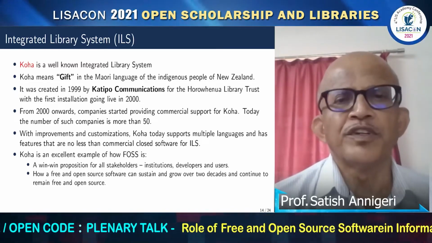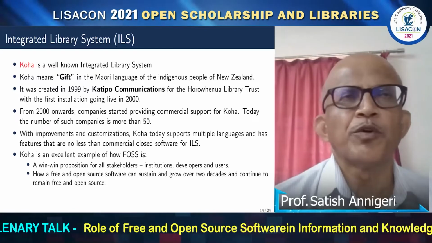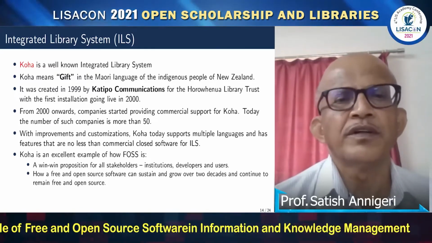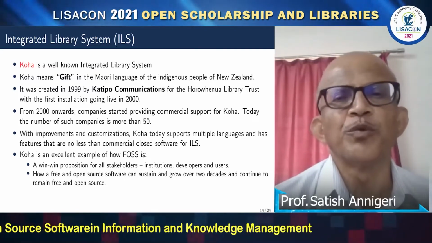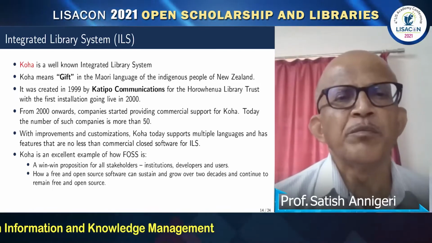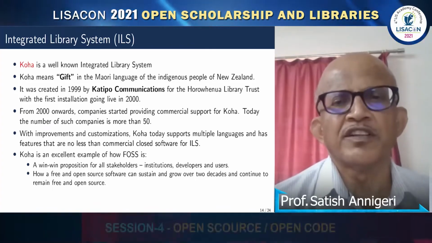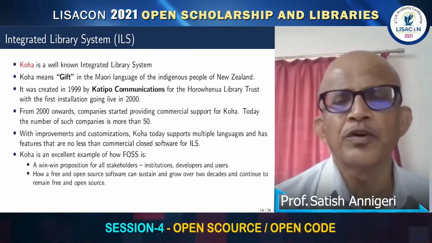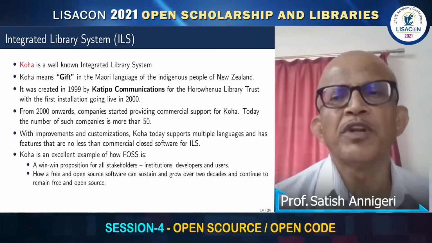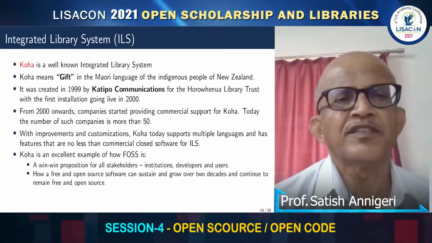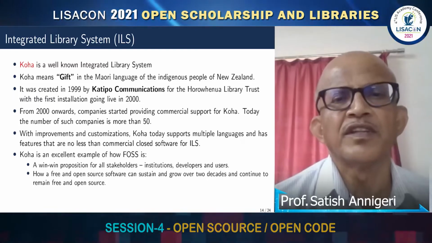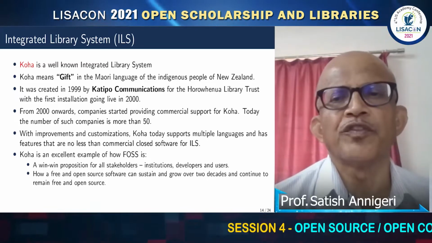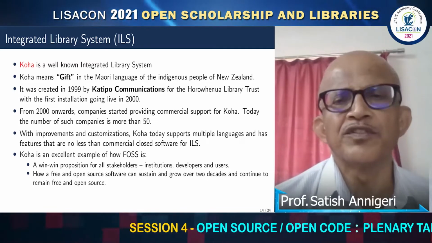From 2000 onwards, several companies started providing commercial support for Koha, and today the number of such companies is more than 50. They make improvements and customizations, and therefore, Koha today supports multiple languages and has features that are no less than commercial closed software for integrated library systems.